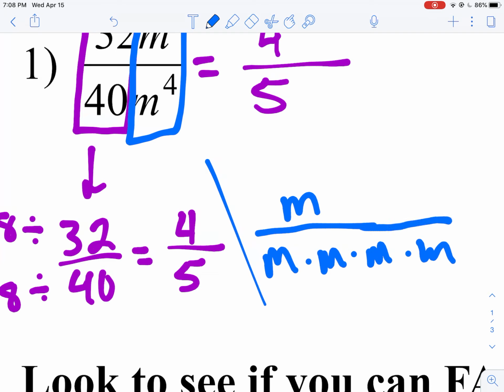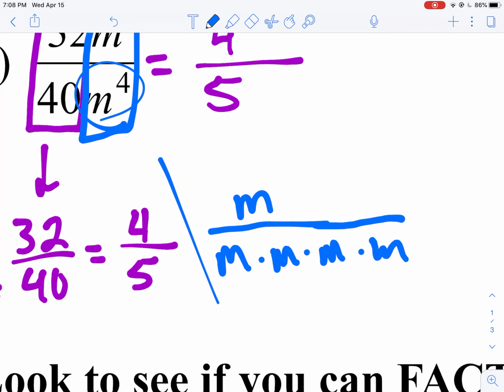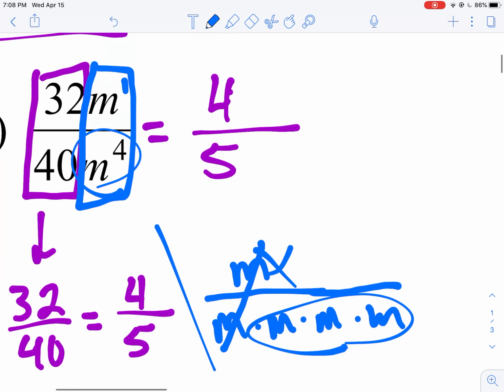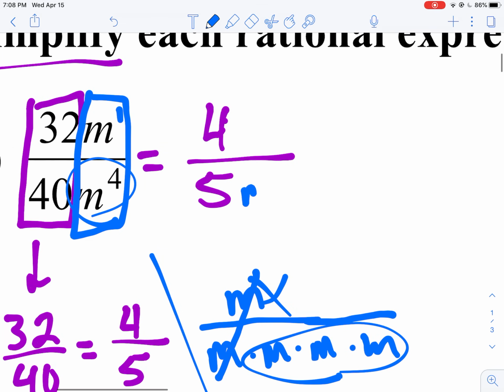How we can simplify this, if there's 1 on top and there's 4 on bottom, these two can cancel, and I'm left with no m's on top, and I have 3 left on the bottom. So the final answer here is 4 over 5 with 3 m's left on the bottom. That's m to the third.